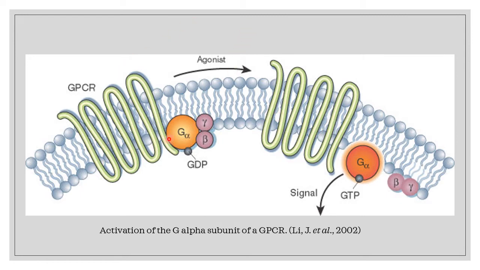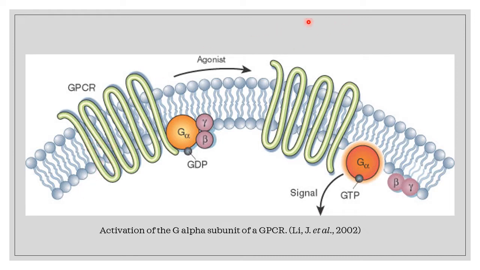In the unstimulated cells, the state of the G-alpha is defined by the interaction with GDP. So we have here our GDP molecule that is attached to our G-alpha subunit, and also the G-protein coupled receptor.